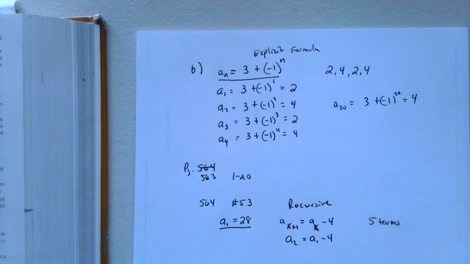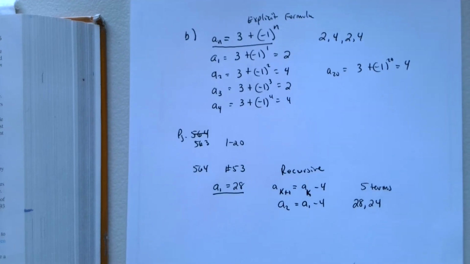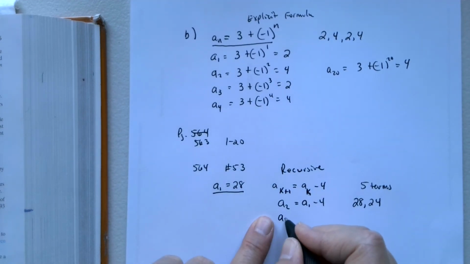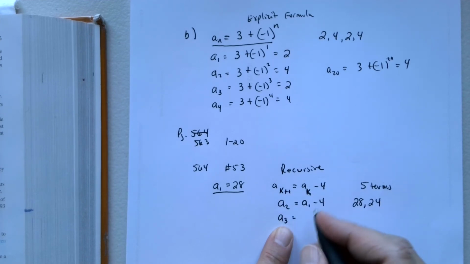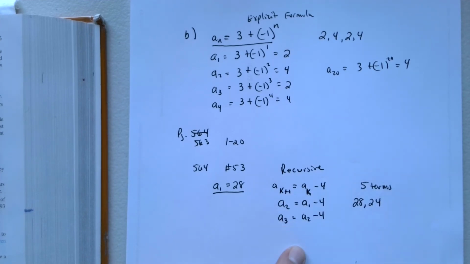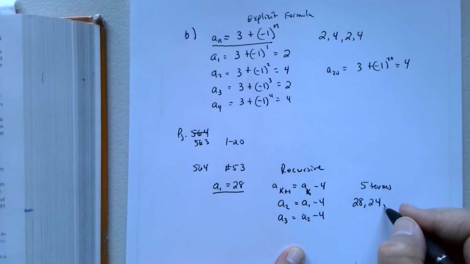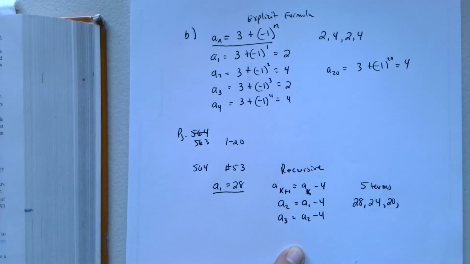So if we're looking for the second term, we're going to take the first term and subtract 4. So 28 is the first term, and 28 minus 4 would be 24. And if I want the third term, that would be 2 plus 1, so I would need the second term and subtract 4, and I would get 20.